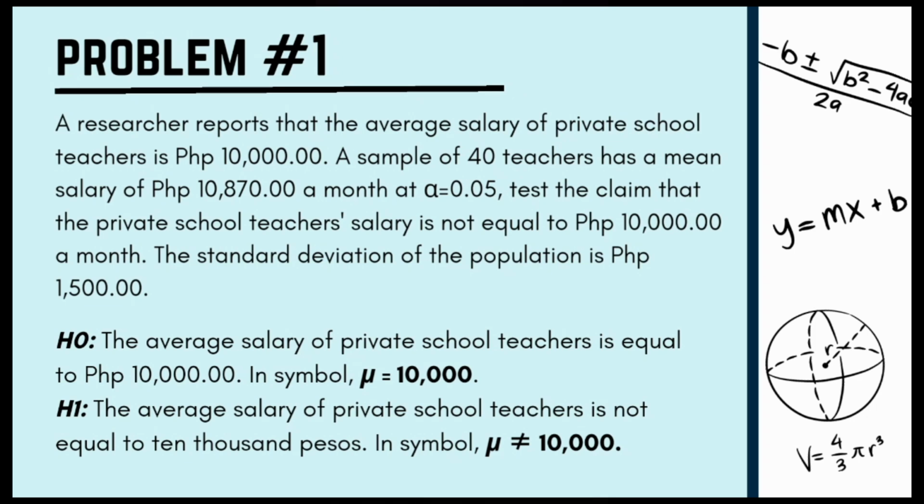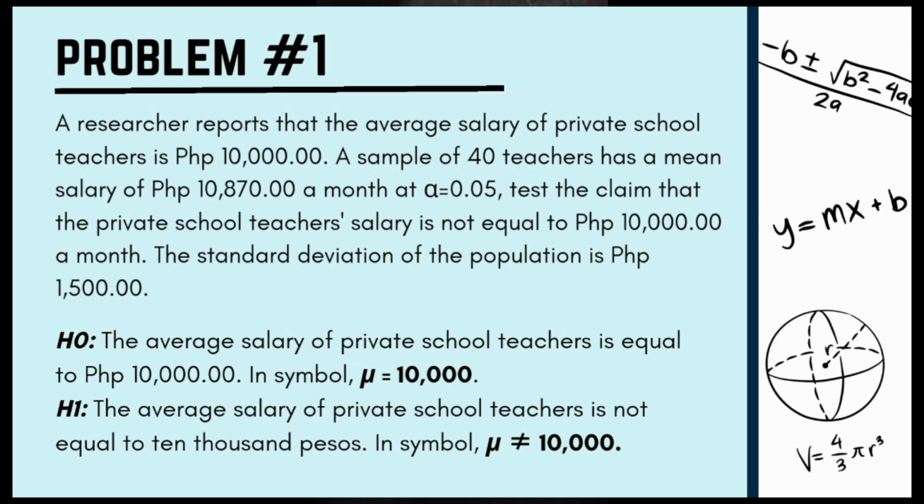As we read the problem, we can identify the parameter to be tested, and it is the average salary of private school teachers. The null hypothesis is the average salary of private school teachers is equal to 10,000 pesos. In symbol, mean is equal to 10,000.